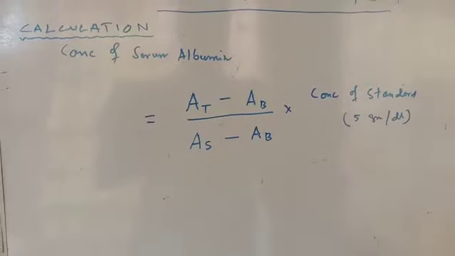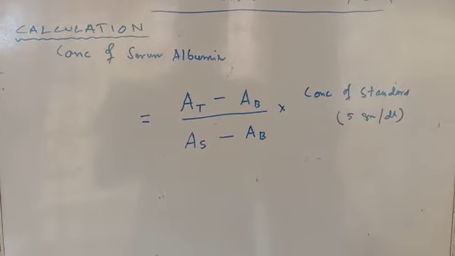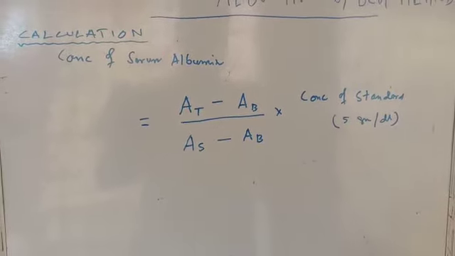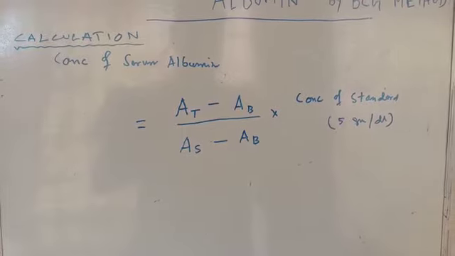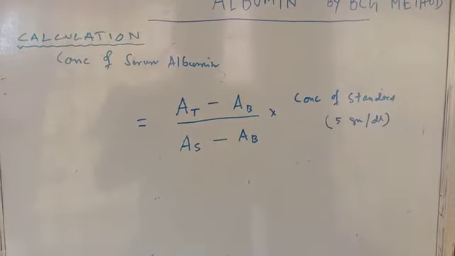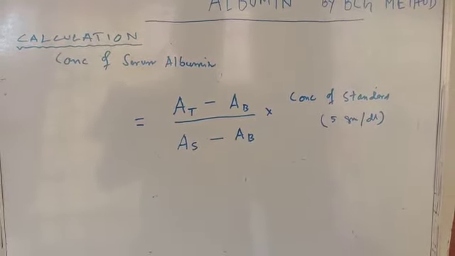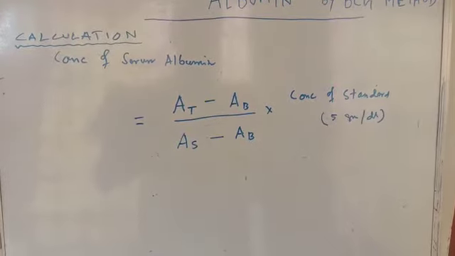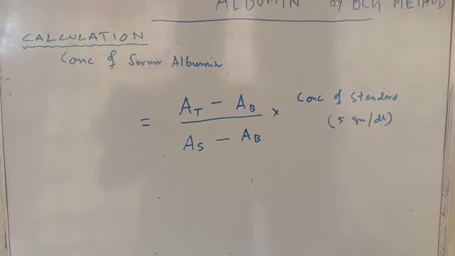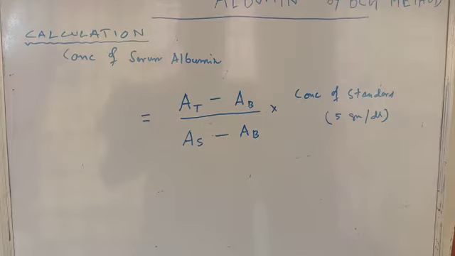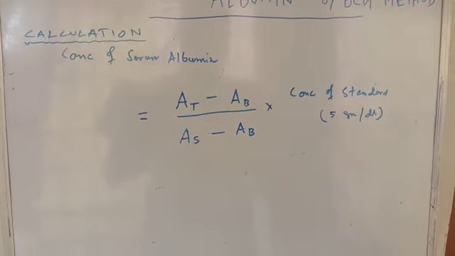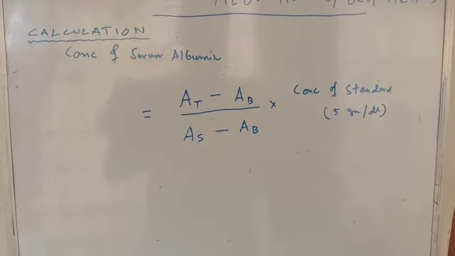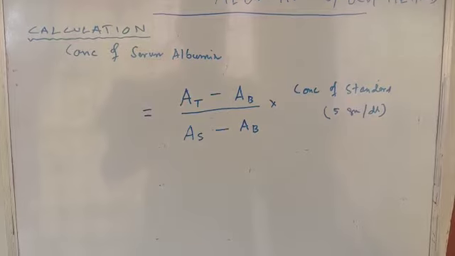Now coming to the calculation. Previously we have got the absorbance or optical density of the test, blank and standard solution. Now we put the values in this formula, and we have got this formula from Lambert-Beer's law.